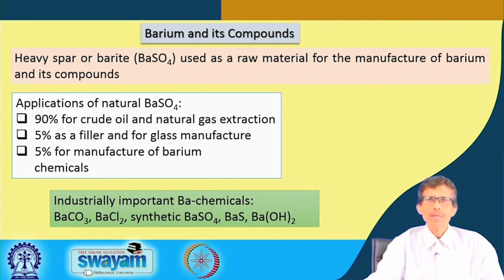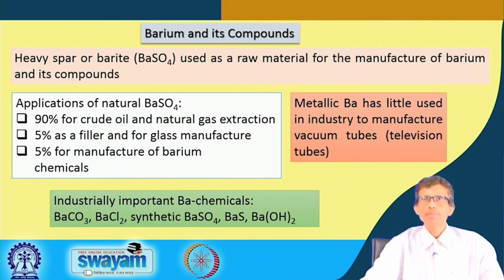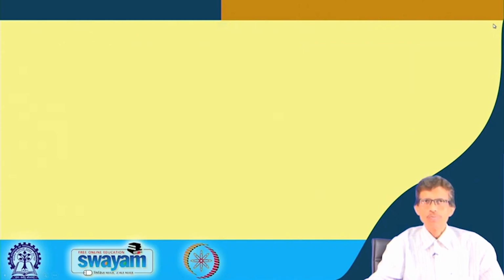All of them have very useful applications. And metallic barium, if we want to have it, is available industrially for making television tubes, because it is used as a material for making vacuum tubes.